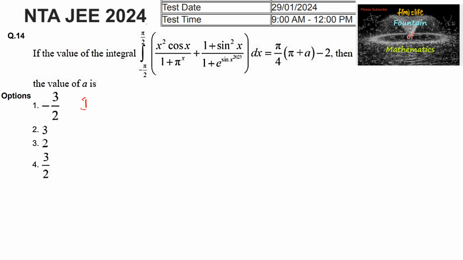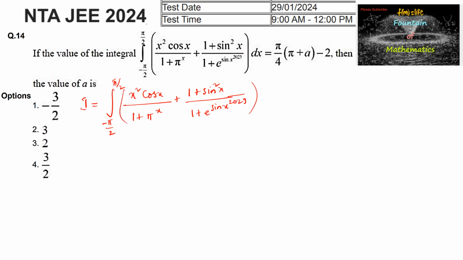So I can consider the integral I is equal to minus pi by 2 to plus pi by 2 of x square cos x upon 1 plus pi to the power of x plus (1 plus sin square x) upon (1 plus e to the power sin x) to the power 2023 dx.